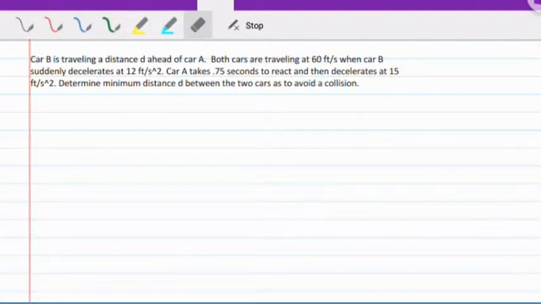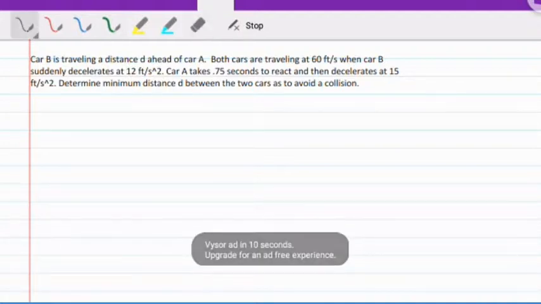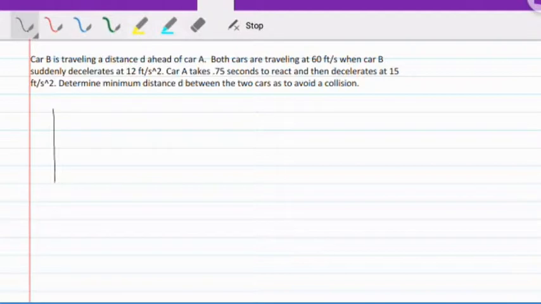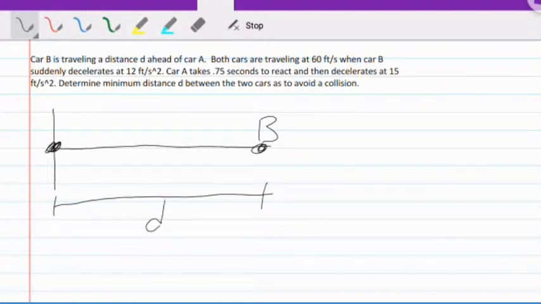So we have car B traveling a distance d ahead of car A. Actually, this is car B, traveling d distance ahead of car A. So this is car A, we're going to put him at the origin, and this distance is d.